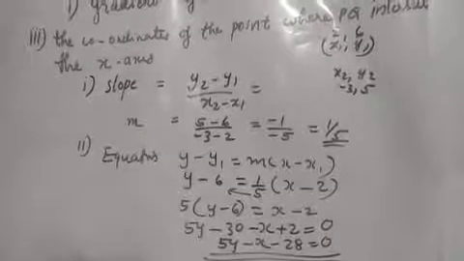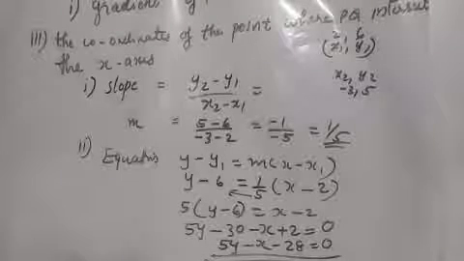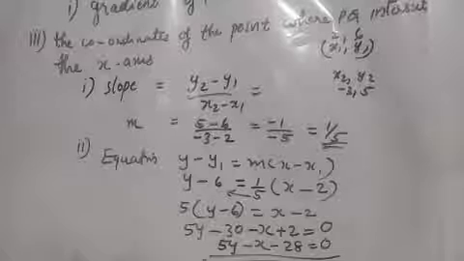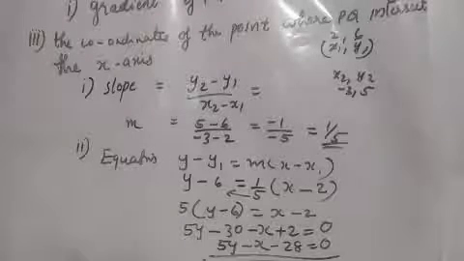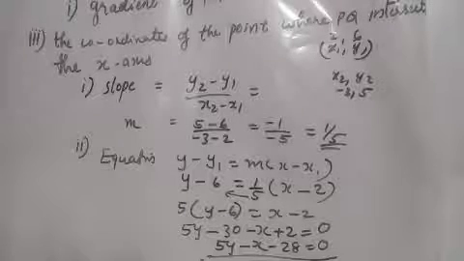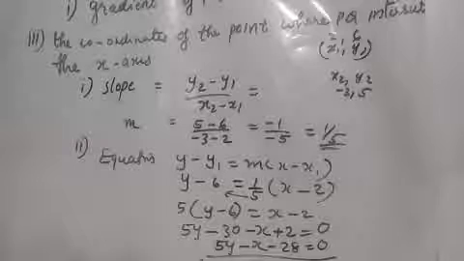Now the third question: the coordinates of the point where the line PQ meets the x-axis. Meet the x-axis means, can you say what is the general point on the x-axis? Yes, it is (x, 0).